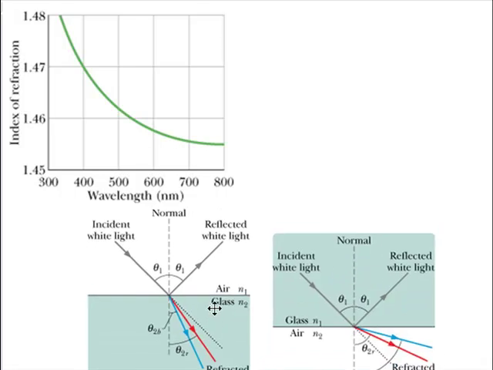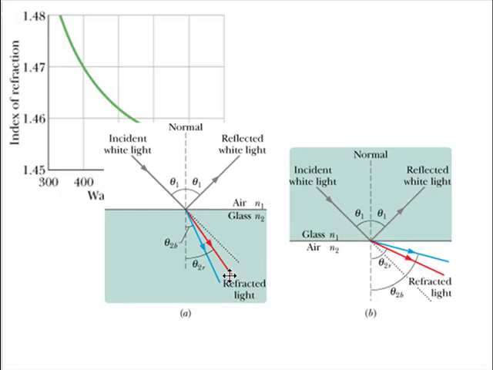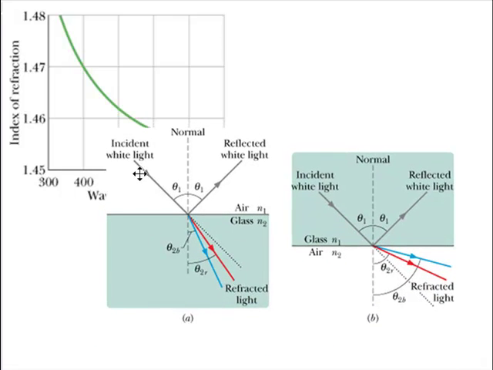So as I bring that in here, you can see that when white light comes in, then as it refracts into the glass, the fused quartz, the blue bends a little bit more than the red does. In reality, the difference would not even be this dramatic. It's a pretty small difference, but it is there.